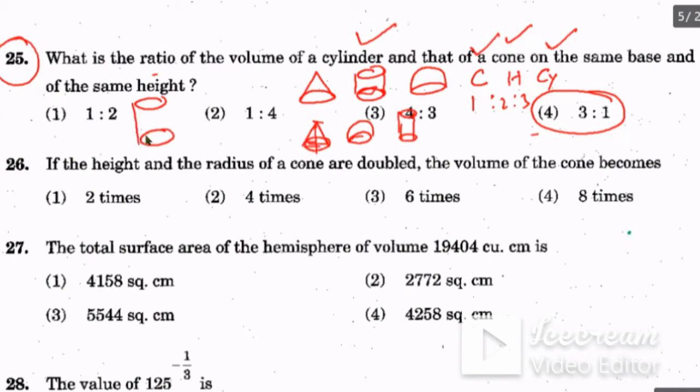This is the cylinder, and with the same height and base, if you draw the cone, this is the cone. The volume of the cone is equal to 1/3 of the volume of the cylinder. So the answer is 4.